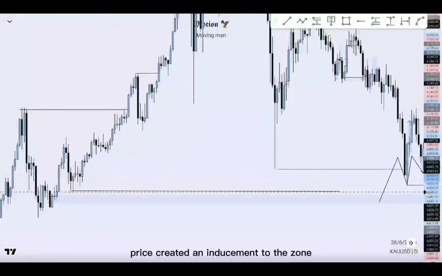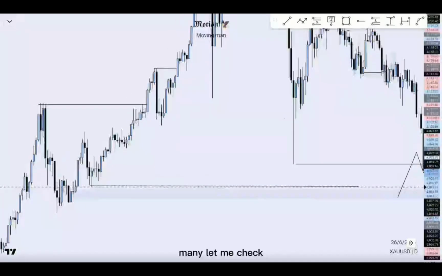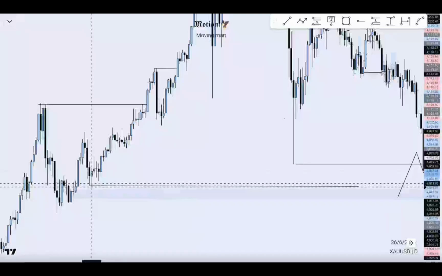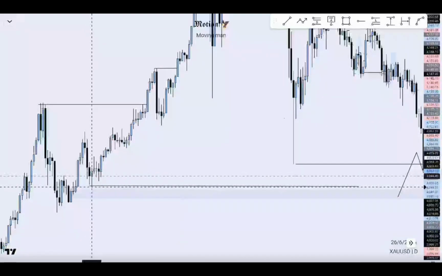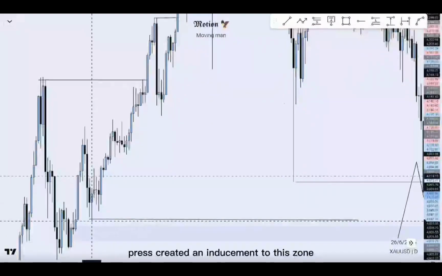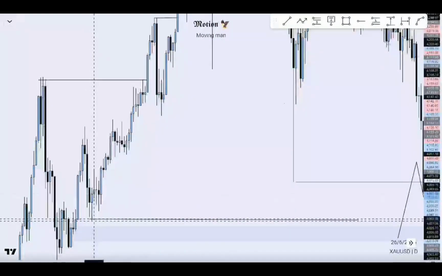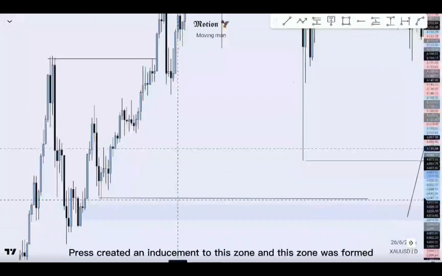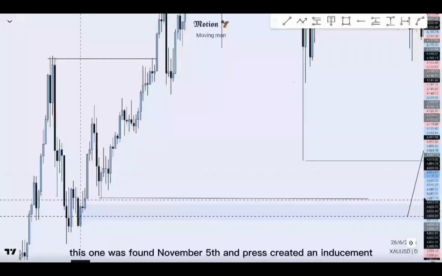price created an inducement to the zone. Price created an inducement to this zone. On November 19, price created an inducement to this zone, and this zone was formed November 5th.